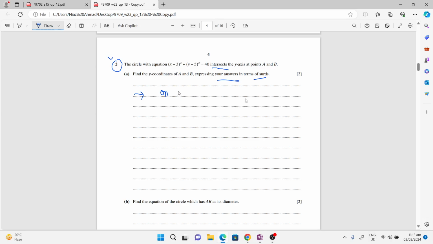So on the y-axis you need to put x equal to 0, so the equation will become minus 3 whole squared plus (y minus 5) whole squared equals 40. So 3 squared is 9. Abir, you don't need to expand this, because the examiner is asking you to express your answer in terms of surds.